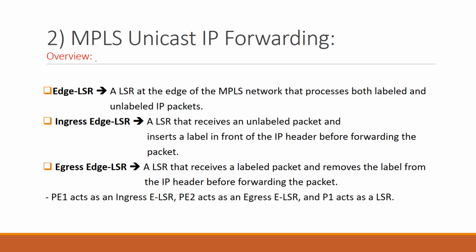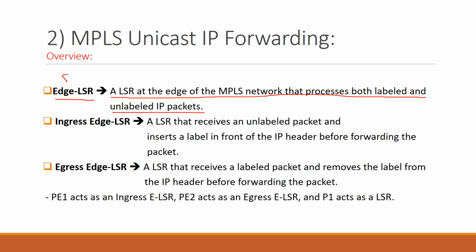So some definitions are used as well for the MPLS routers, but they are more detailed definitions for the MPLS routers or the LSRs. First, we have Edge LSR. Its definition: an LSR at the edge of the MPLS network that processes both labeled and unlabeled IP packets.